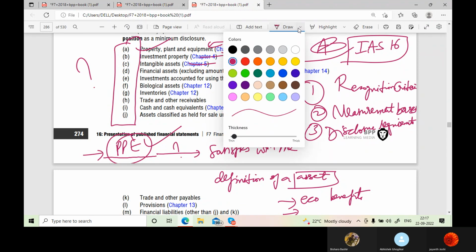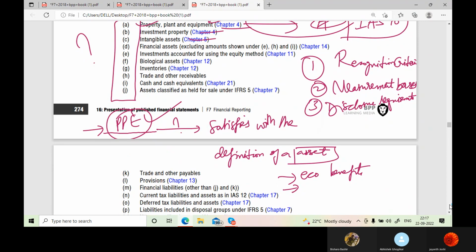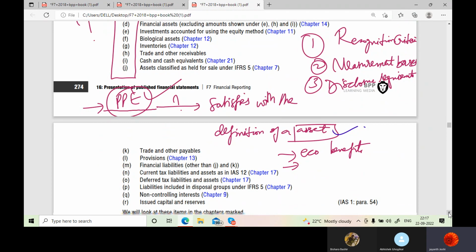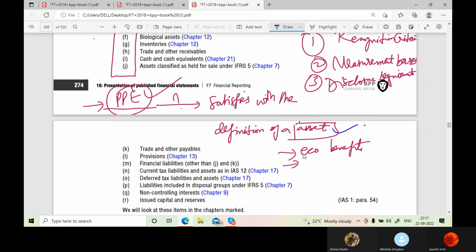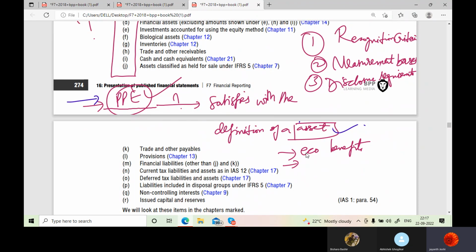It possesses a value to the organization, which may be tangible or not tangible. It can be a capital or fixed asset. Of course, it satisfies the definition of an asset. What does the definition of an asset say? That this property, plant and equipment should give you probable future economic benefits, and its cost should be measured reliably.